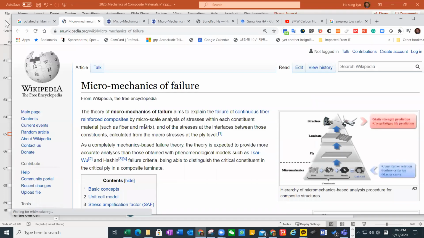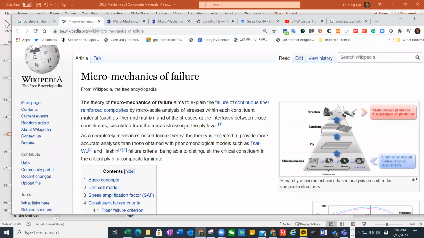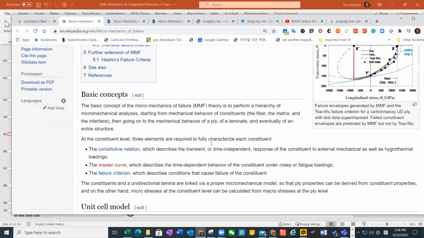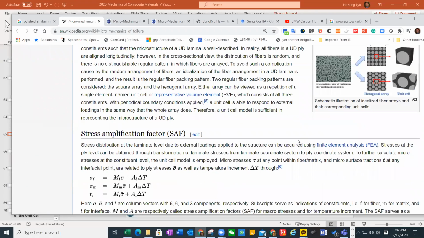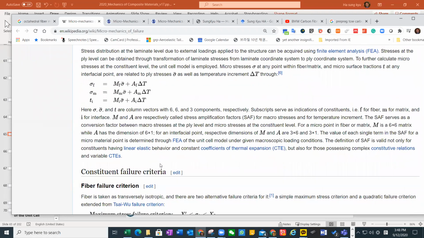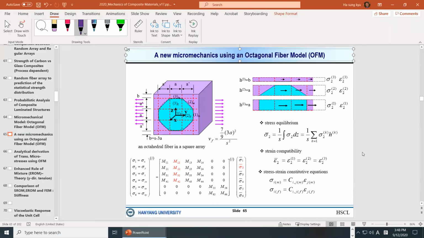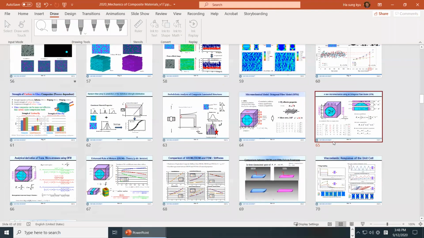Well, you can have a Wikipedia entry, which introduced the MMF proposed by myself, and you can go through these procedures. We will come back to these procedures, and I just like to emphasize the different methods and different concepts.